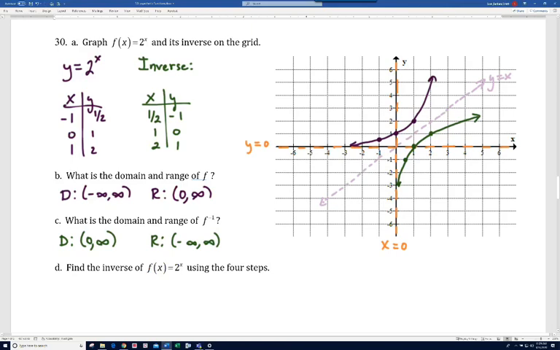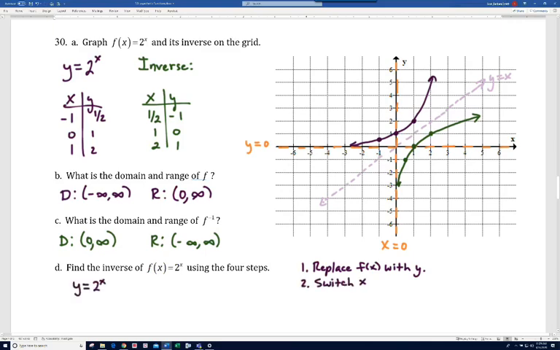All right, finally, we've graphed the inverse of f of x equals 2 to the x, but we actually haven't found an equation for it. So we're going to use the 4 steps that we learned previously to find the inverse. So I'm just going to remind you what those are, and we'll do the steps as we go. So first of all, we replace the function notation f of x with y.